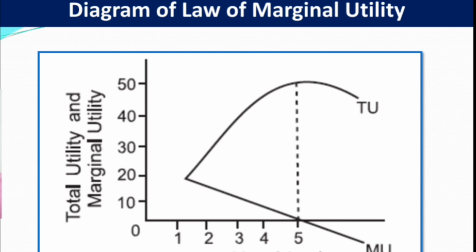Both total utility and marginal utility start from the point 20. Until the marginal utility reaches 0, the total utility is increasing. Once the marginal utility comes down to negative, the total utility starts to go down. So this is the fundamental concept in the law of marginal utility analysis.